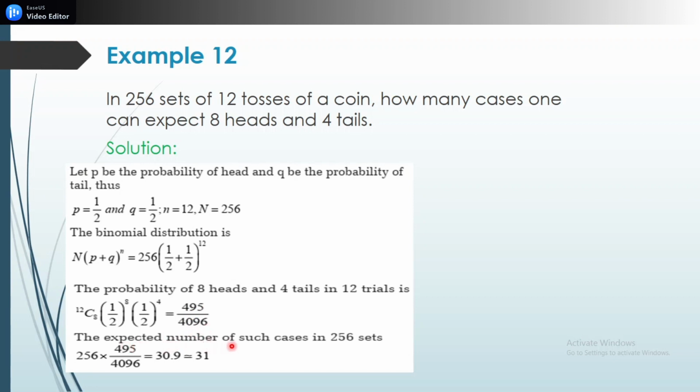The expected number of such cases in this 256 sets, we take this probability times N, which is the expected value, equal to 30.9, approximately 31.